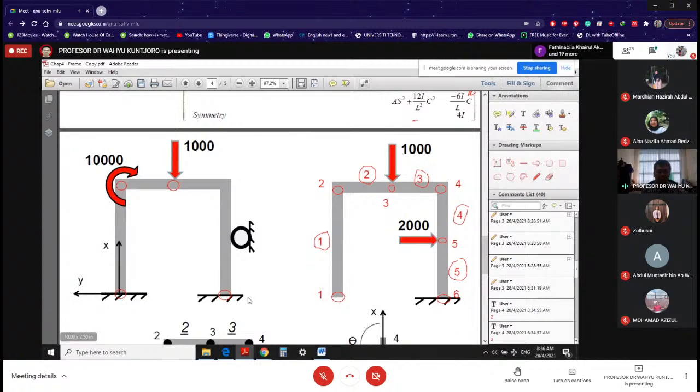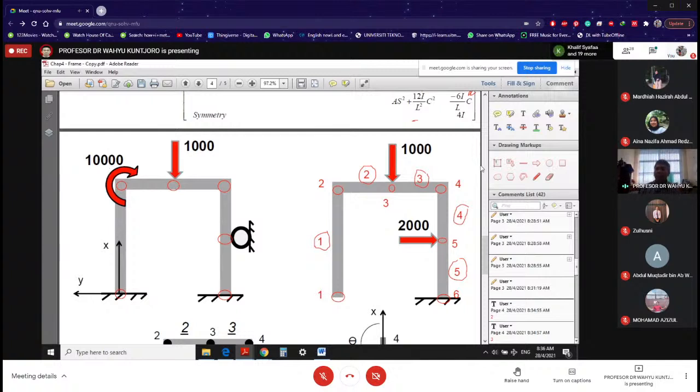These are the ends, right? But you have already a node, so no need to have an additional node. Don't forget there is a support here, so you must have a node over here. And of course, we have a corner over here, so I put a node because it is a corner. This is also a corner, but I got a node already there because there is a bending moment. So meaning now that no need to have a double node.